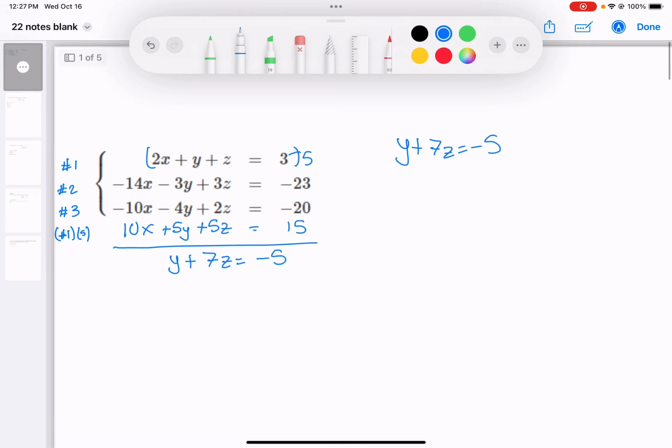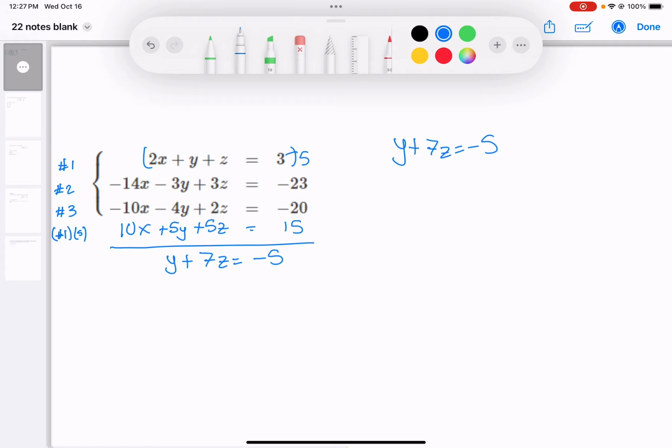Okay, so I used number 3 and I used number 1. So I did not use number 2. So I have to use number 2. I'm going to rewrite number 2 down here. So I got negative 14x minus 3y plus 3z equals negative 23.